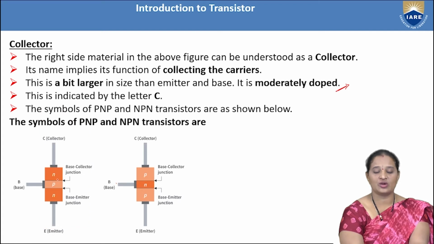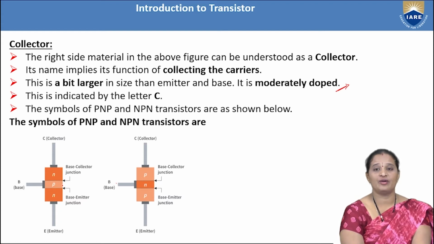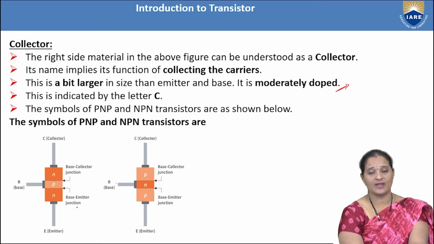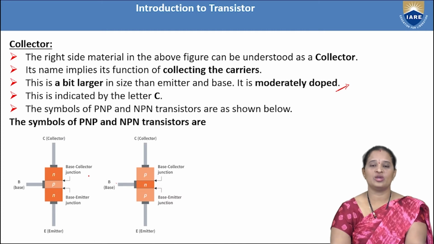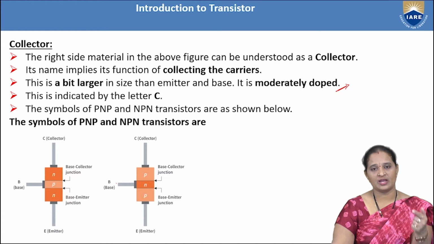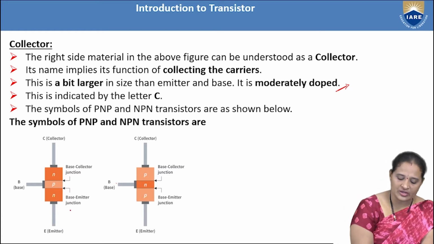As I told you, the transistor is nothing but a back-to-back connection of two PN junction diodes. We have two junctions: one between the emitter and base terminal, which is called the base to emitter junction, or else we can also call it the emitter junction.